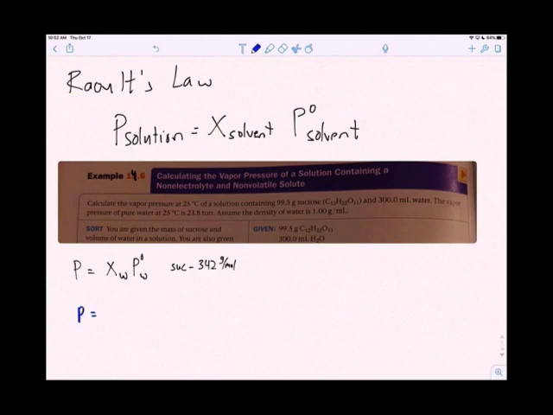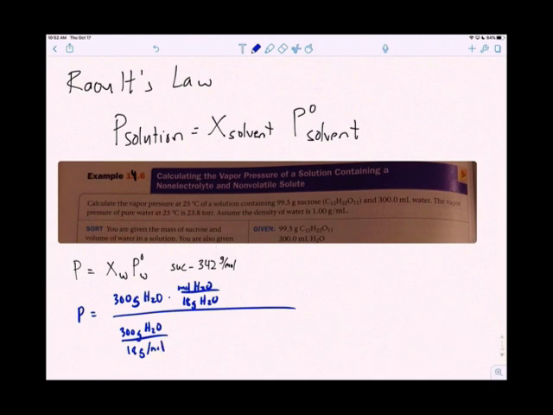So the new pressure is the mole fraction. The mole fraction is of water. So we have 300 milliliters of water, which means we have 300 grams of water. So the moles of water is 300 grams water times mole water over 18 grams water, divided by the moles of water plus the moles of sucrose.